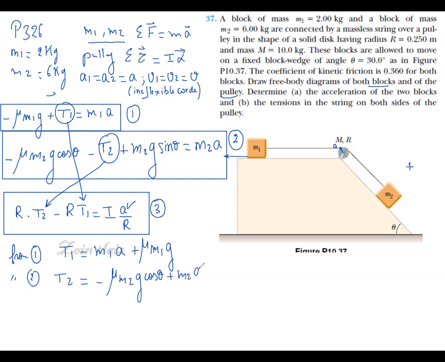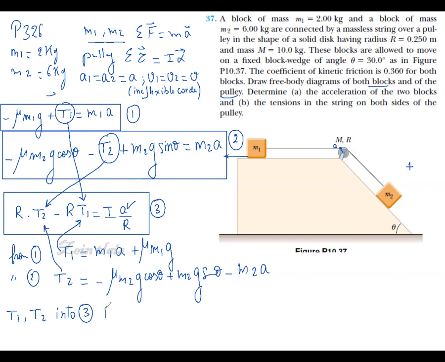plus M2G sine theta minus M2A. Okay, this is the second equation. We put T1 and T2 into equation 3. Okay, we put T1 here and T2 here.